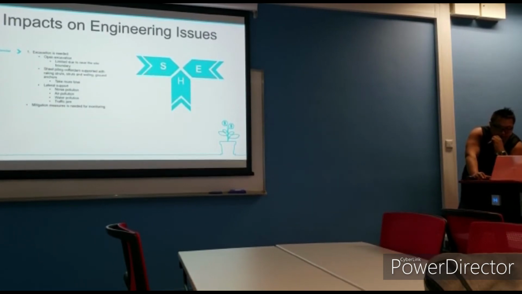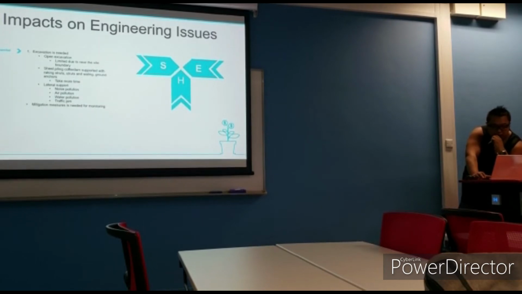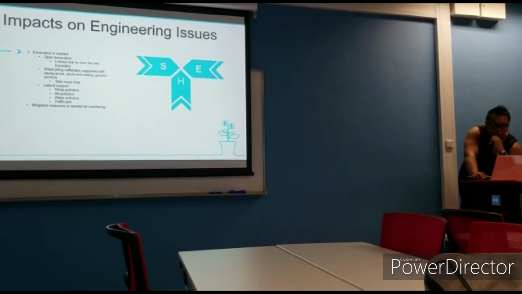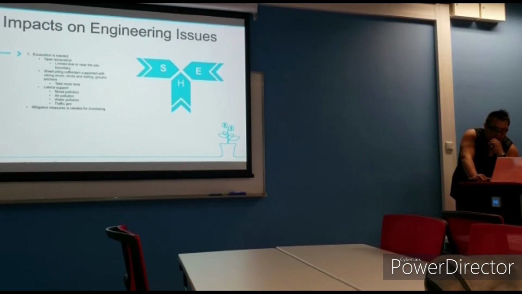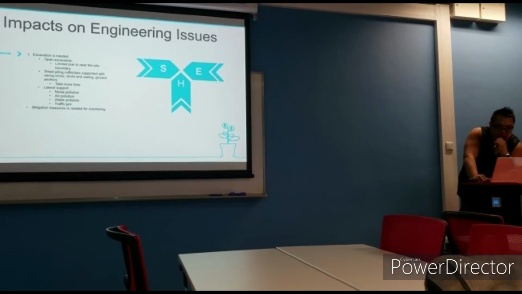For the environment, we may use several methods for the excavation in the construction site. One will be open excavation, but it will be limited due to the site boundary.